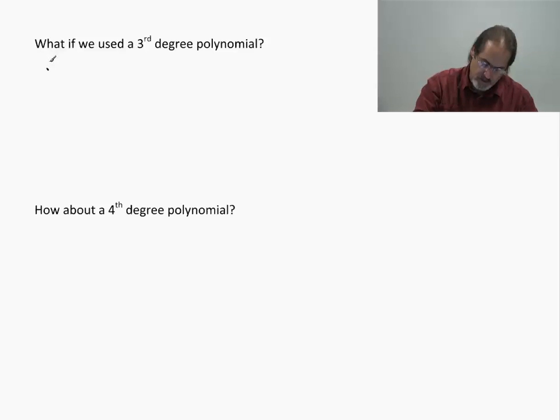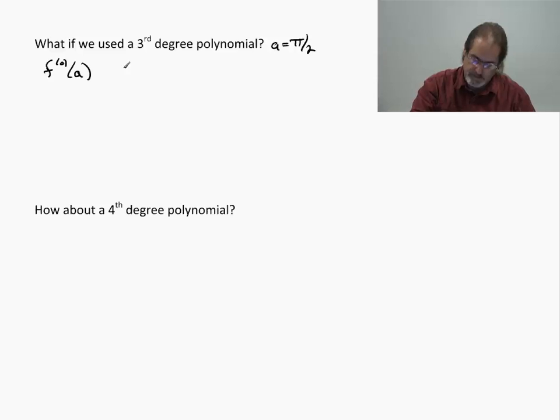The 0th derivative at a, and a, of course, is pi over 2, is equal to sine of pi over 2, which equals 1.